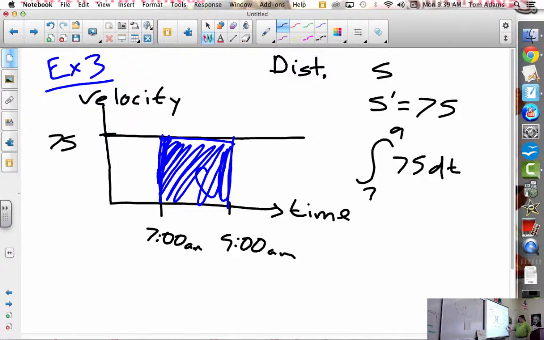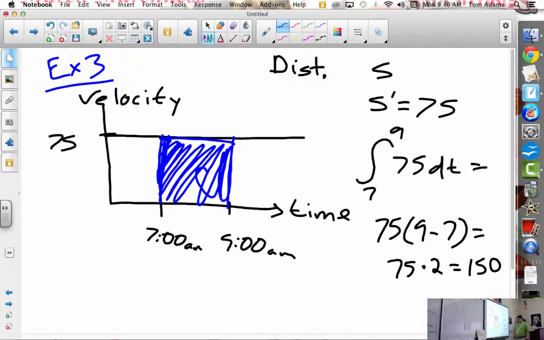Now, to get that answer, we're just going to say 75 times 9 minus 7, which is 75 times 2, which is 150. Now, you have to write all that down because it's important, especially this part right here, because we're going to use that information to calculate these integrals. Okay?